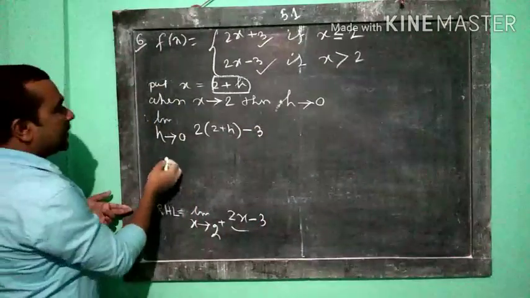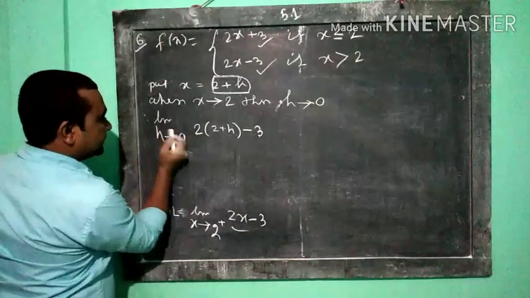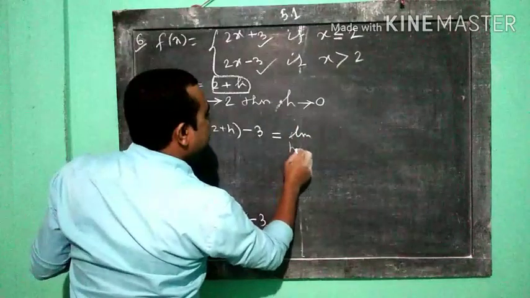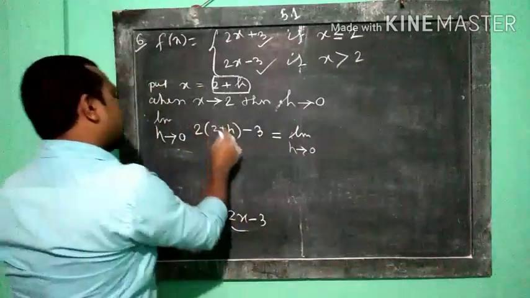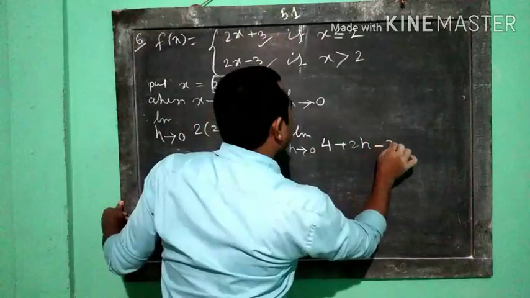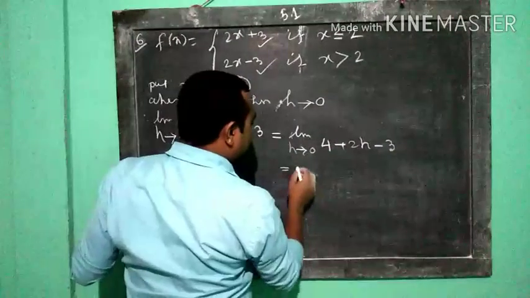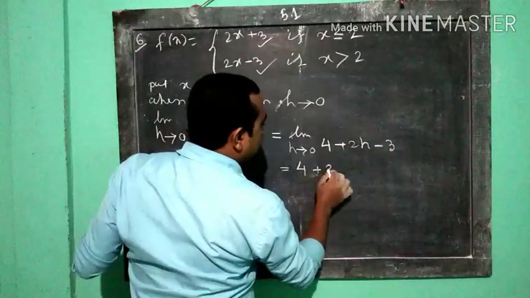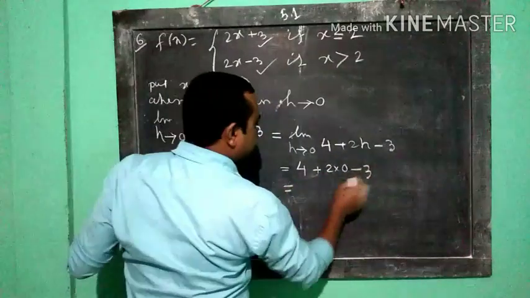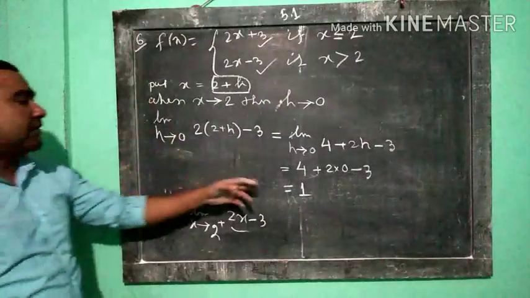Multiplying, we get limit h tends to 0 of 4 plus 2h minus 3. If we put h equal to 0, then 4 plus 2 into 0 minus 3 equal to 4 minus 3, which is 1. So the left hand limit is 7 and the right hand limit is 1.